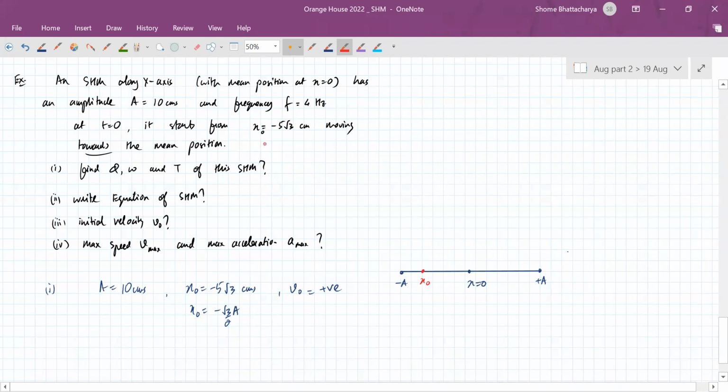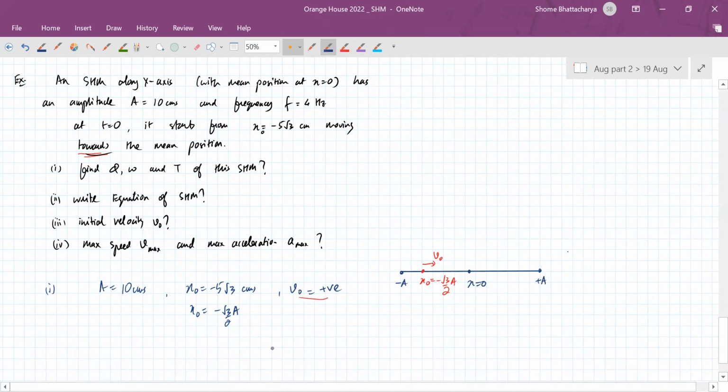But it is moving towards the mean position. It's given that moving towards the mean position. So that means V naught is in this direction. I don't know the value of V naught, but I know that it is positive. Okay, so that's how I know that V naught is positive.